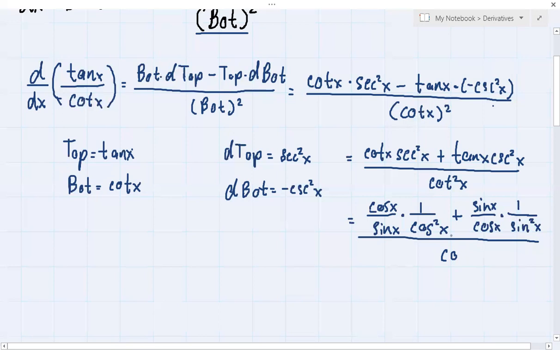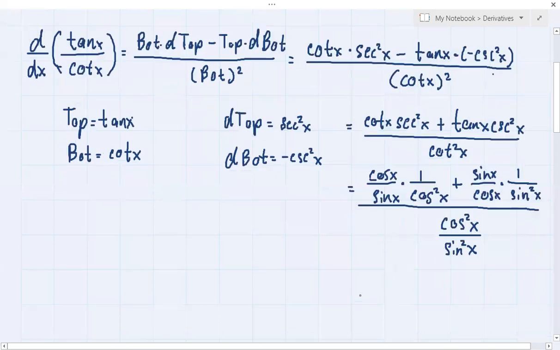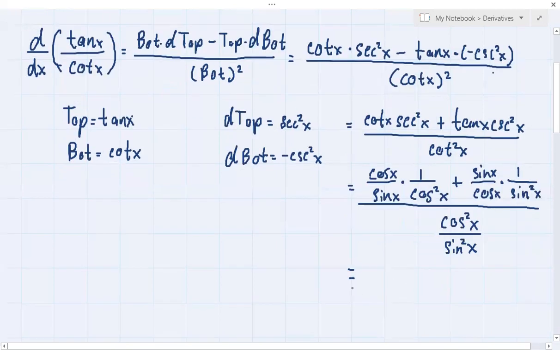So, I'm gonna rewrite cotangent squared of x as cosine squared of x all over sine squared of x. Yun na lang, para lahat ay patas. Kasi lahat sila naka-cosine and sine function. So, okay. So, in here, ano mangyayari? Masisimplify ko to. Okay? So, sa first term, we have cosine x all over sine x times 1 all over cosine squared x.